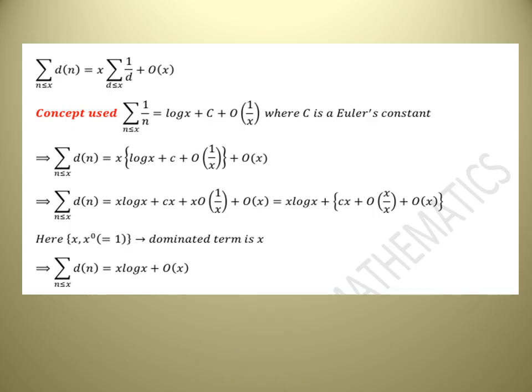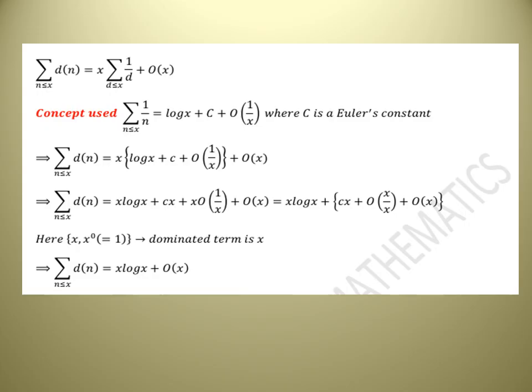Hence, summation of d of n, where n is less than or equal to x, is equal to x into summation of 1 by d plus big O of x, where d is less than or equal to x. Here we use the concept summation of 1 by n, n less than or equal to x, is log x plus c plus big O of 1 by x.